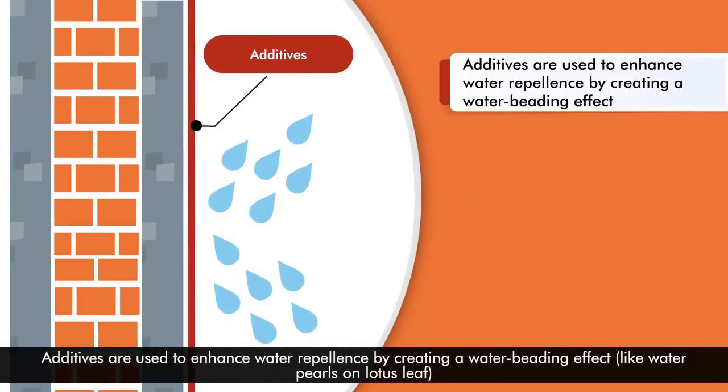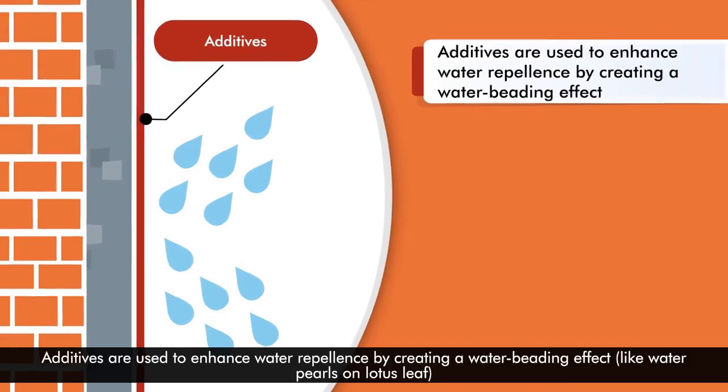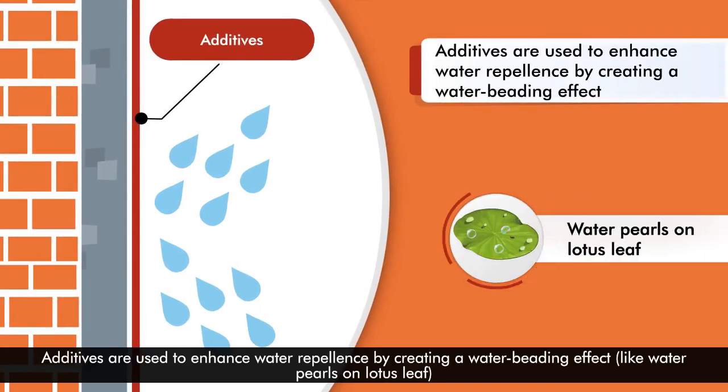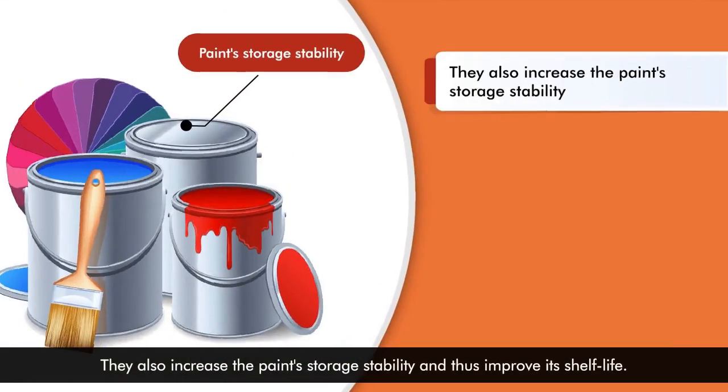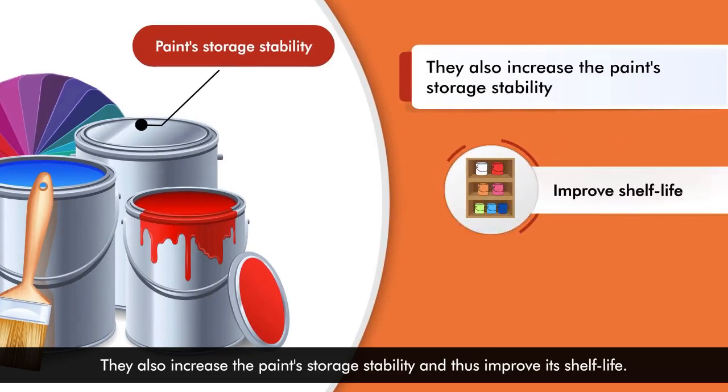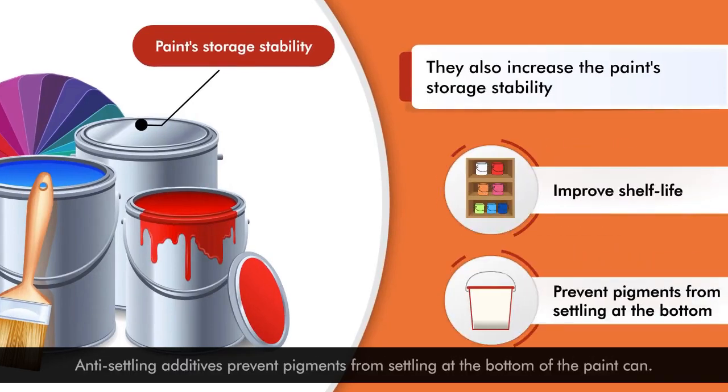Additives are used to enhance water repellence by creating a water beading effect, like water pearls on a lotus leaf. They also increase the paint's storage stability and thus improve its shelf life. Anti-settling additives prevent pigments from settling at the bottom of the paint can.